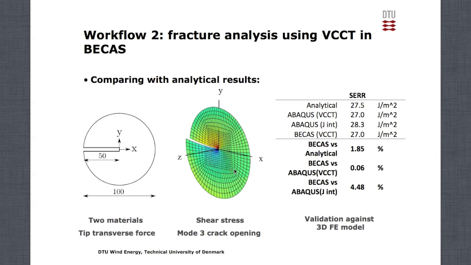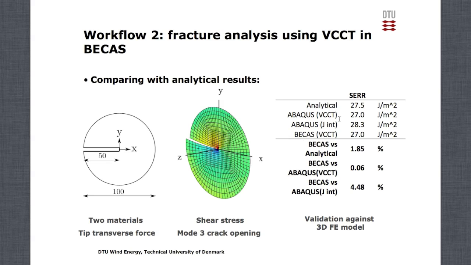So as an example of a comparison, we have here the cylindrical shaft. There's a crack here. This is an example of the deformed shape. There's a tip transverse force in the y direction, and what you see is a mode 3 crack opening. So this face moves forward while this one moves backwards, and the strain energy release rate is calculated there at the crack tip.